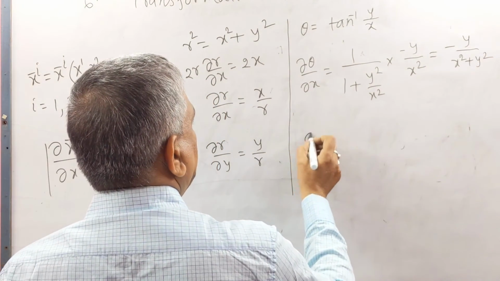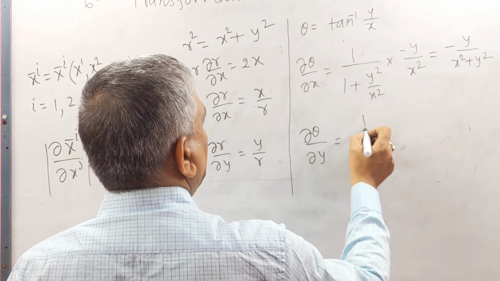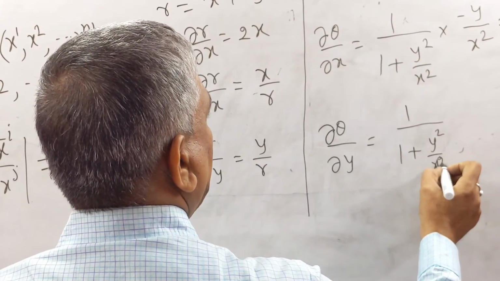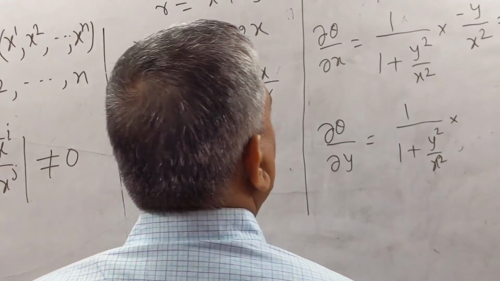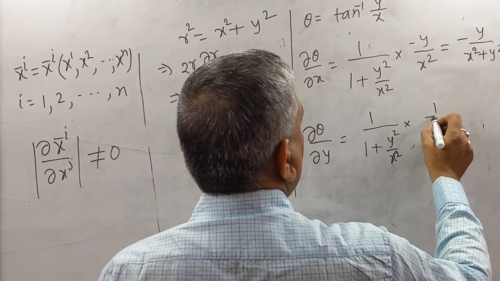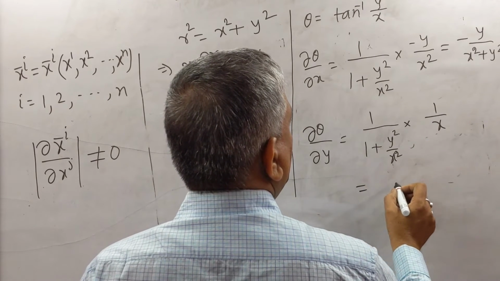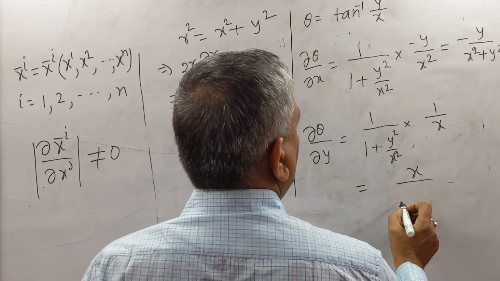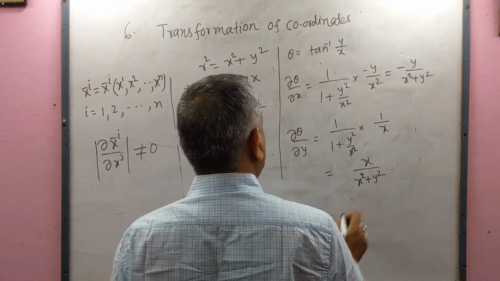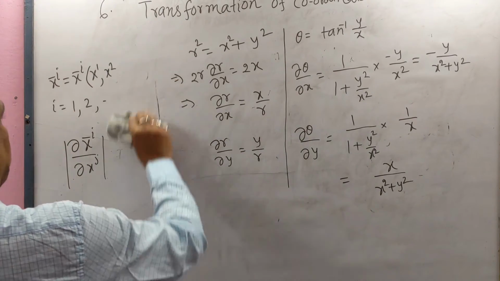Again, del theta by del y equal to 1 by 1 plus y square by x square into 1 by x, that is x by x square plus y square. Now we examine the Jacobian.